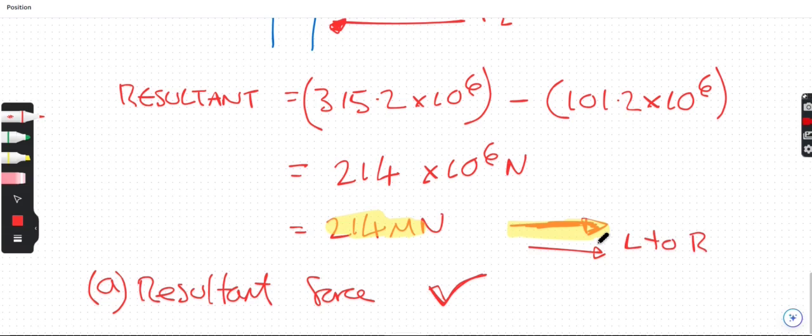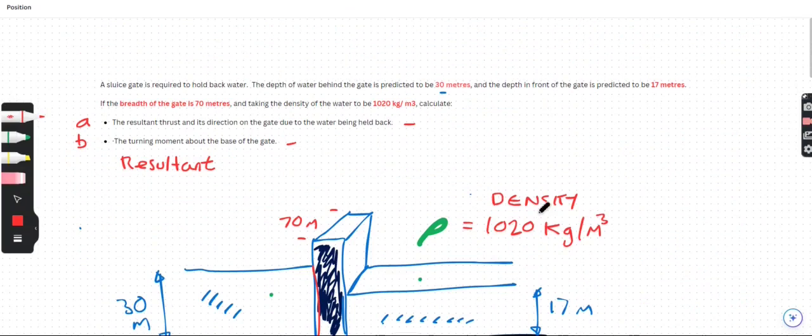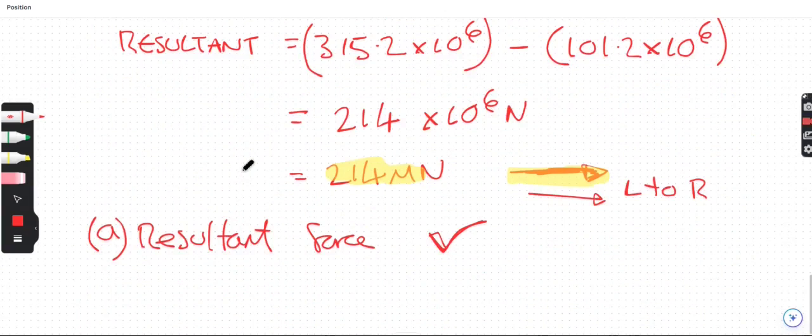That's your direction. That's part A. And then part B will be the turning moment. We've done most of the work, so the resultant turning moment I'll do. So that's part A finished.